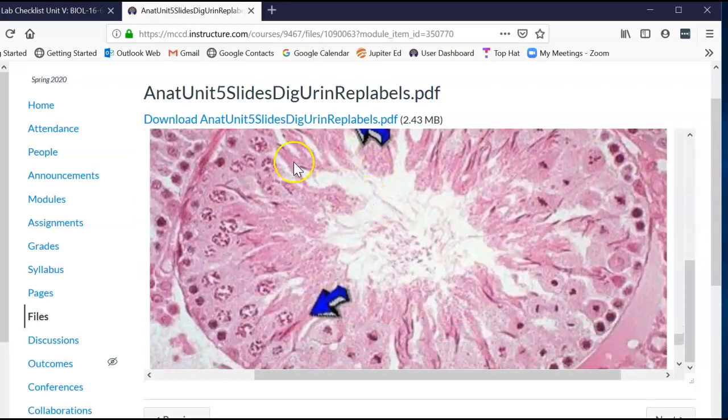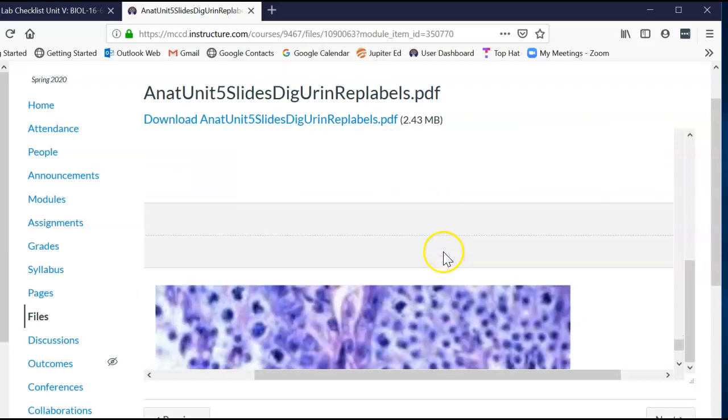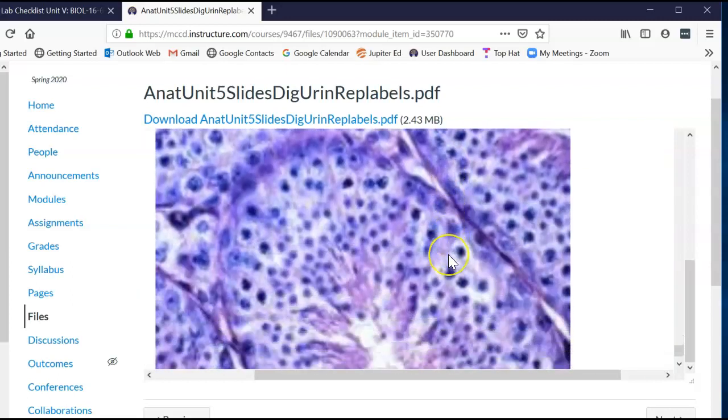And another view of a nice seminiferous tubule. Again, outside are the spermatogonia. Then we have our primary spermatocytes, probably secondary spermatocytes as we get closer to the lumen. And then we have a spermatid right here. And we have our sperm cells, at least the flagella of the sperm cells, in the middle there. Another view here.